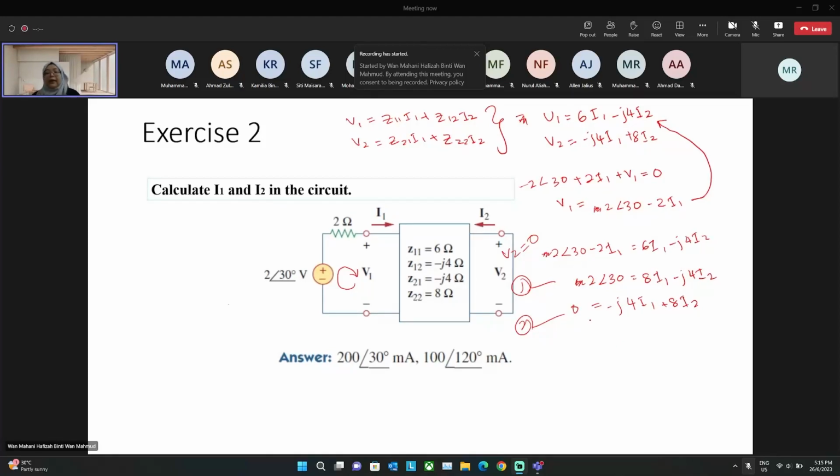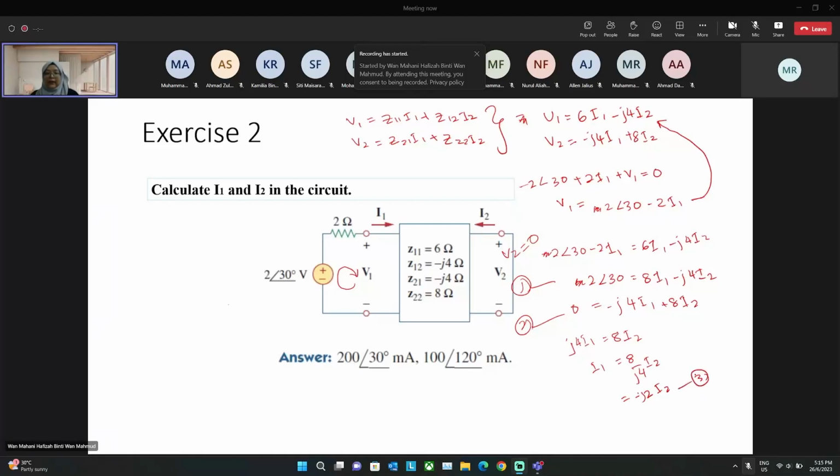You can solve lah. Yang ni you nak pakai yang delta, cari delta boleh. Ataupun you nak buat substitution pun boleh. Let's say we do the substitution. Kita guna equation number 2. J4 I1 equals to 8 I2. So I1 equals to 8 over J4 I2. Ini berapa? Tekan calculator. 8 divide with 4. You got negative J2 I2.